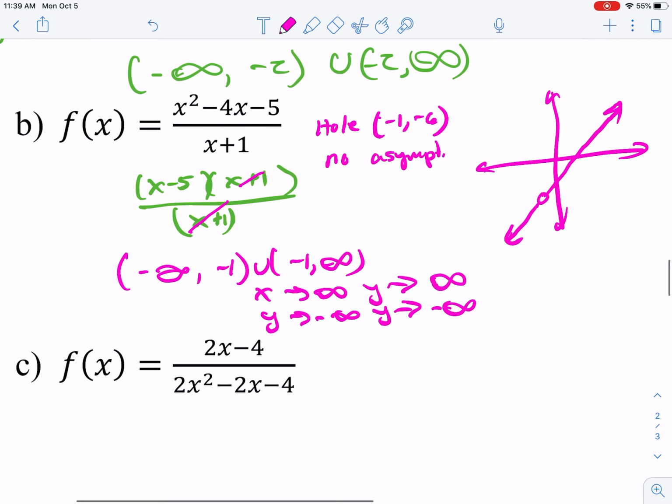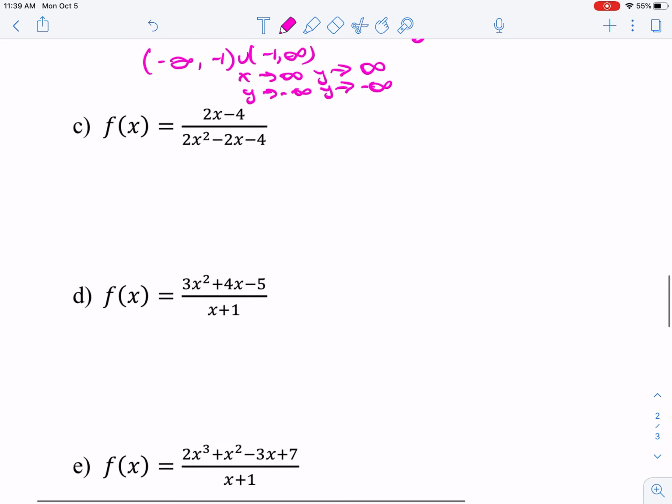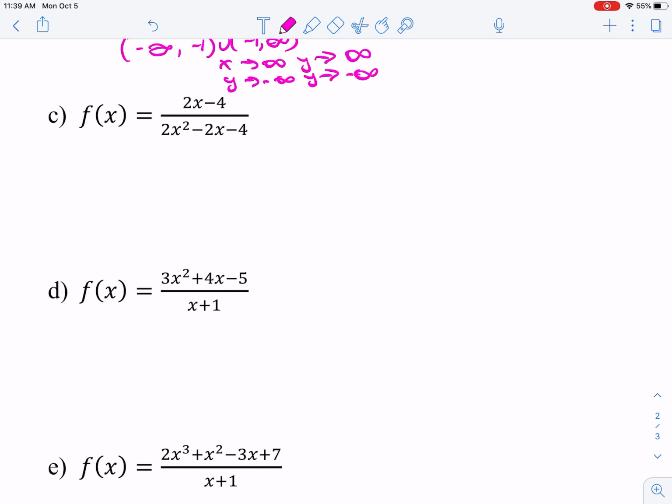All right? Next. First thing you always do is factor. So you pull this out and you get 2 over x minus 2. What happens to the bottom? You have 2x. I bet you one of them is minus 4.